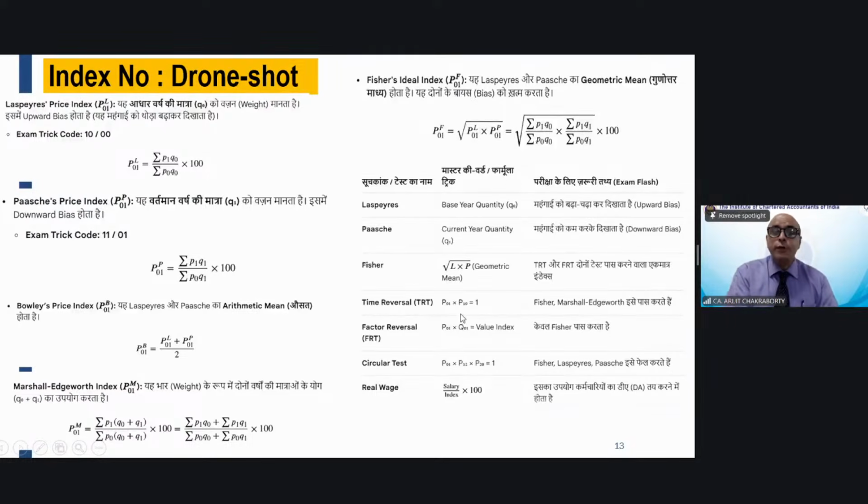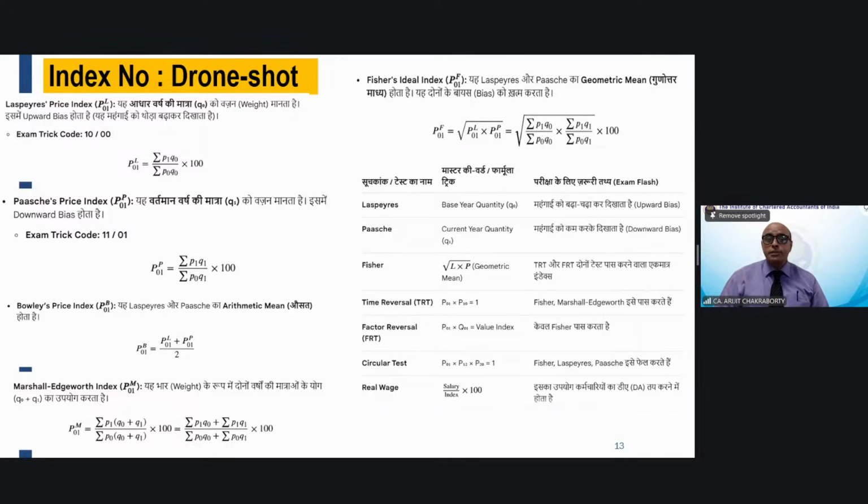Time reversal test means forward and reverse, forward, backward. दोनों का product should be equal to 1. Factor reversal test, we have seen that P01 into Q01, यानी price index और quantity index का product should give you the value index, जो Fisher's index पार करता है.